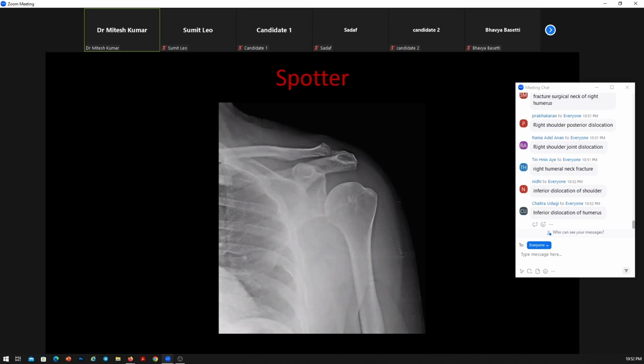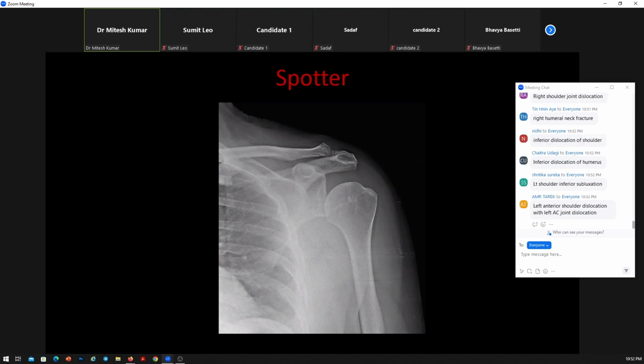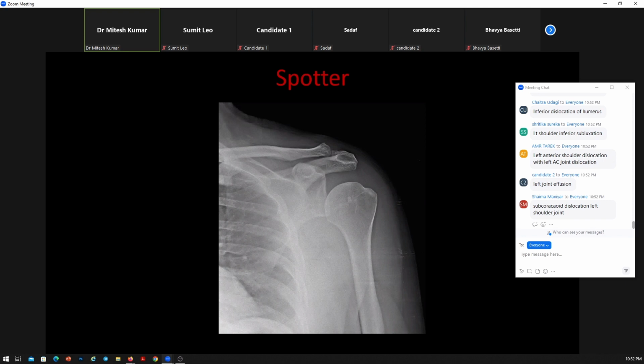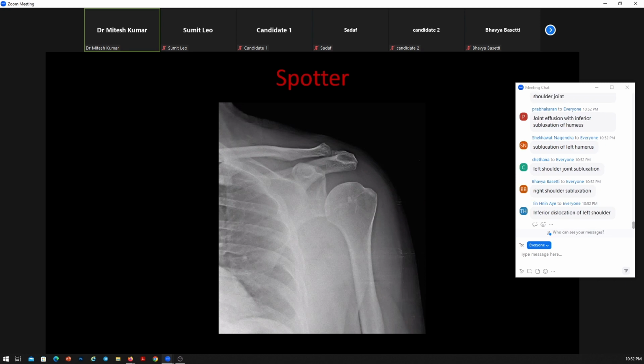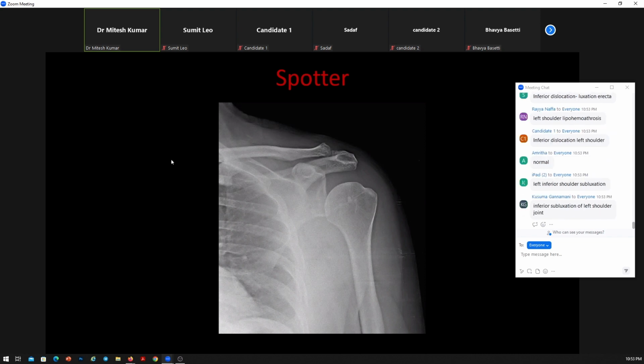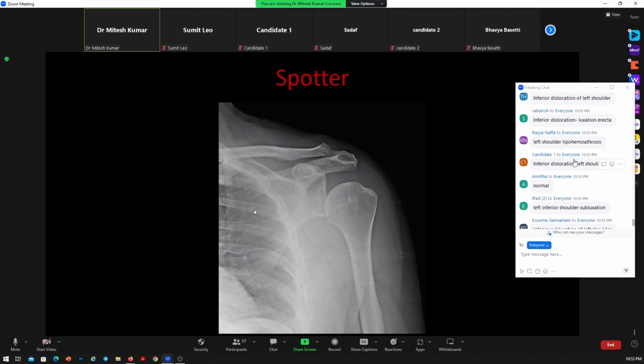Candidates, please type your answer. Yeah, I can see few candidates have written correctly. Inferior shoulder joint subluxation.